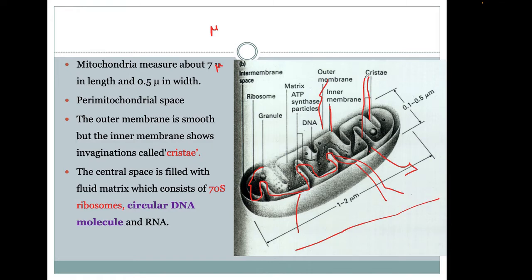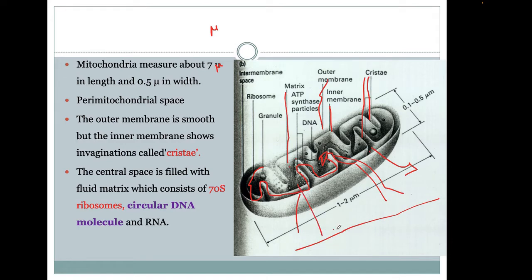The central space is filled with the fluid matrix, which consists of 70S ribosomes.